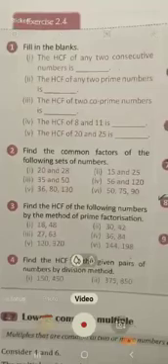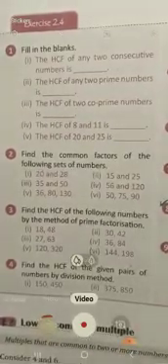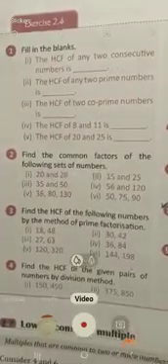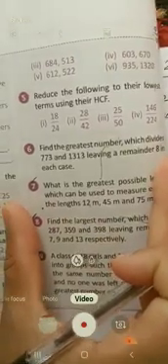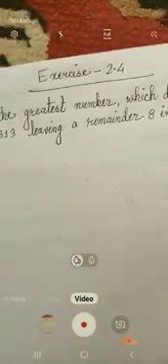I hope you all practice the rest of the questions at home. Now I'm going to do question number 6. This is a word problem type question from this exercise. I have already written these questions in my copy also.